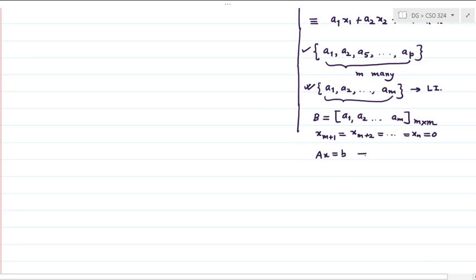can be converted, by putting all these variables xm+1, xm+2 till xn equal to 0, to the matrix form B xB equal to b.